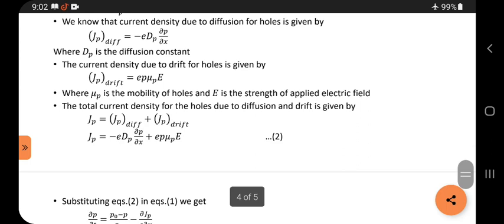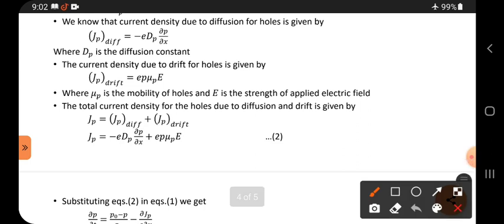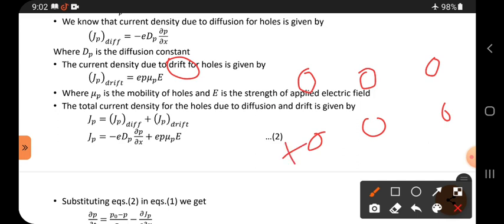Okay friends, next, the current density due to drift. Suppose it is a crystal like this with positive cores. When an electron or a hole is coming from this side, it is attracted and again starts moving toward this side because of the electric field. Their velocity increases and decreases, increases and decreases.